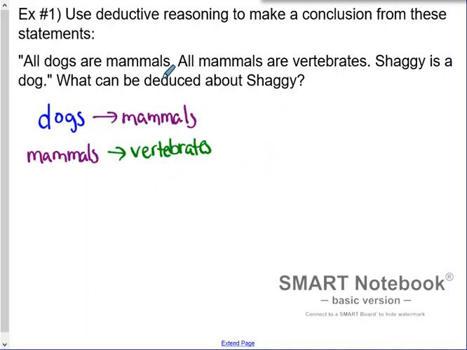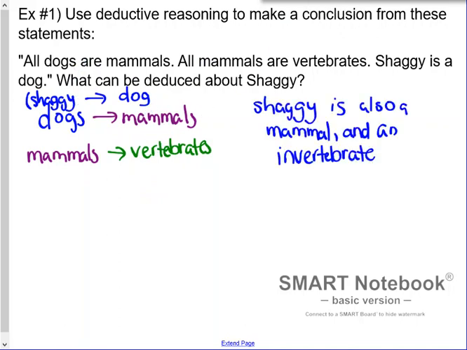So we can deduce about Shaggy, who is a dog. Since Shaggy is a dog, and dogs are mammals and mammals are vertebrates, we can deduce that Shaggy is a mammal and Shaggy is also a vertebrate.